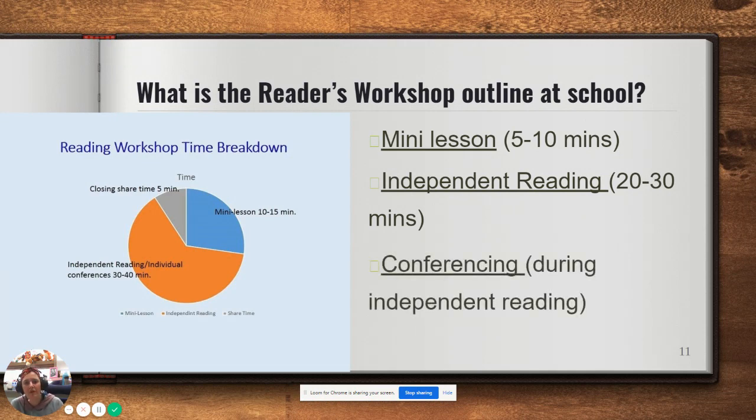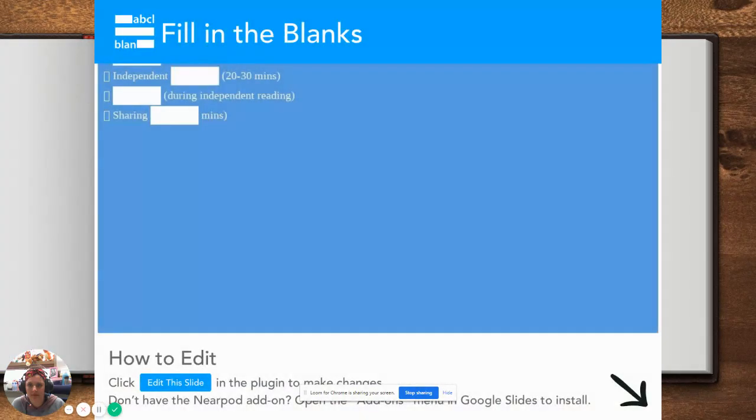Then conferencing, the teacher speaks to the students and helps those who need it. Lastly, you have sharing. That's when the teacher takes about 5 to 10 minutes to discuss with you what you have learned for that day. And you can share with your teacher and your friends what you are reading about.